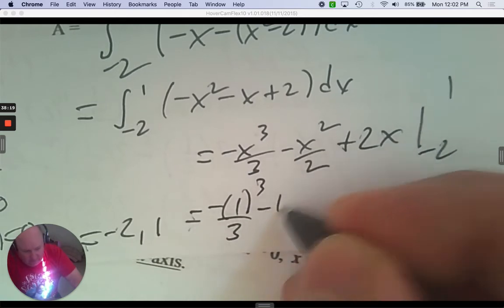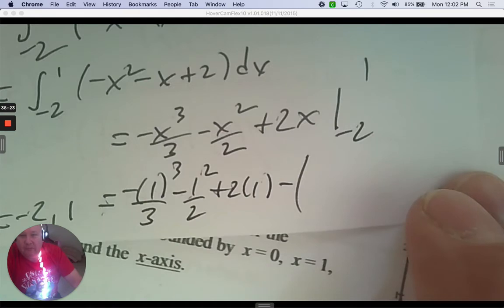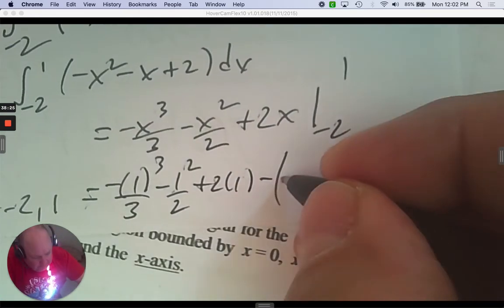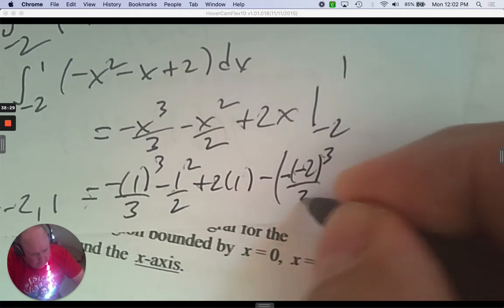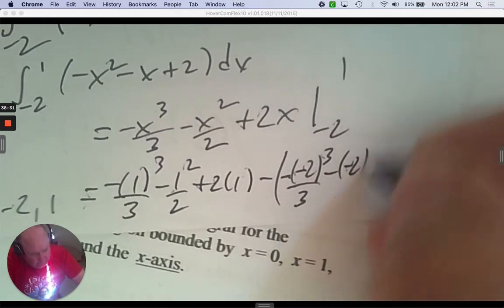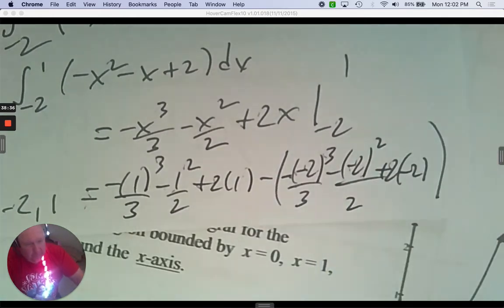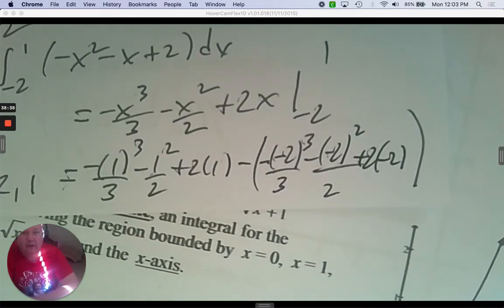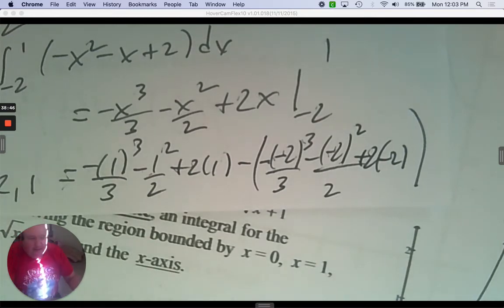I don't have to simplify this. And then I subtract, use parentheses, and then do the same but put negative 2 in. So you plug in positive 1, subtract the lower limit of negative 2. Don't need to simplify it, and there's your answer. All right, press pause, turn the page, look at it, and then press play.